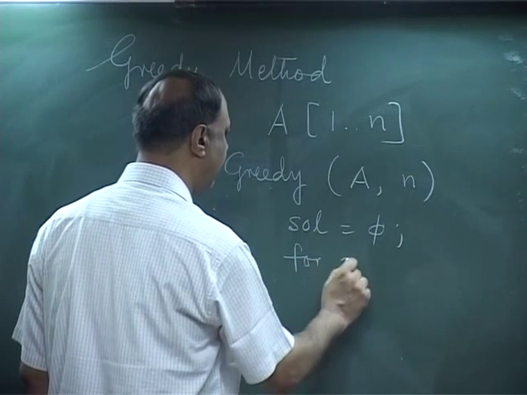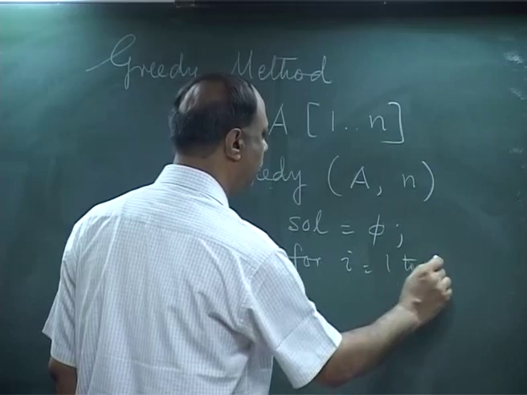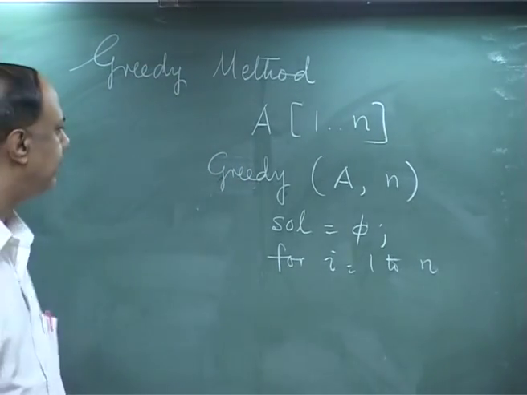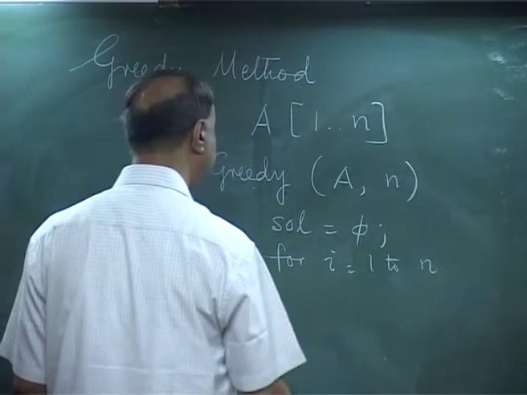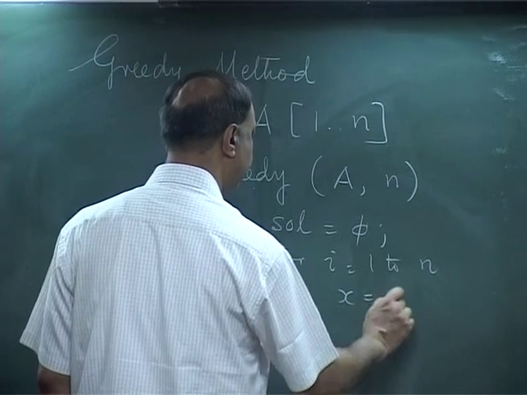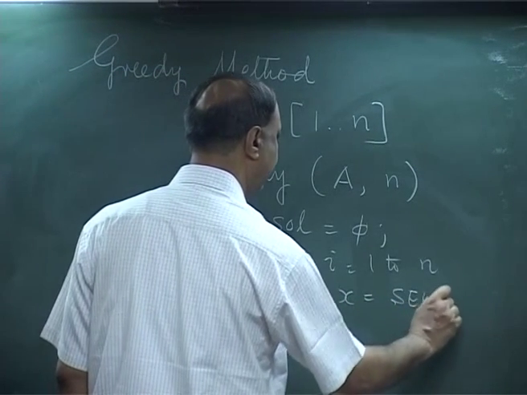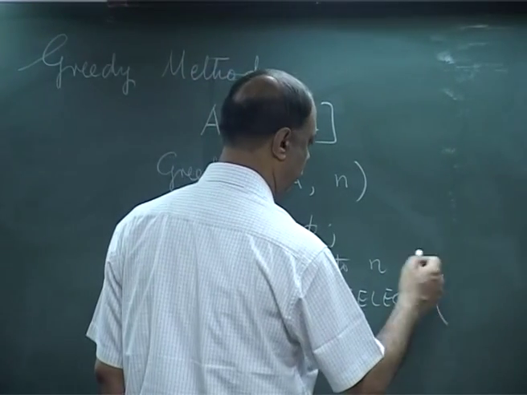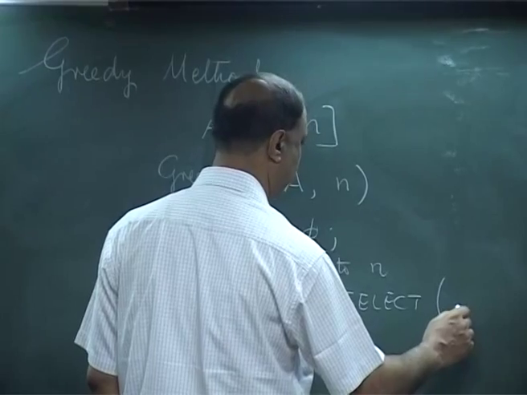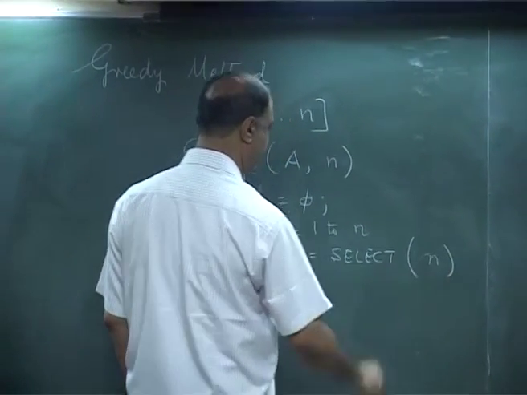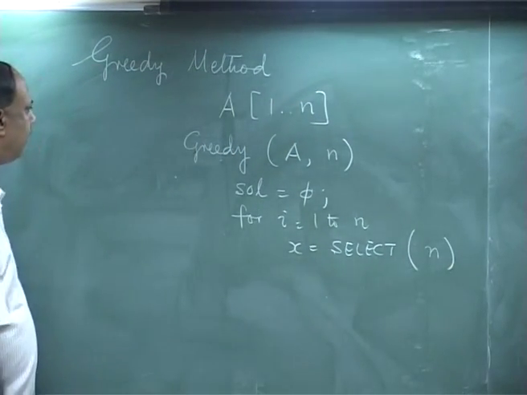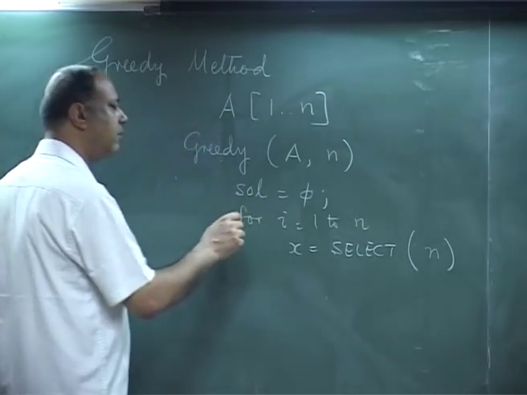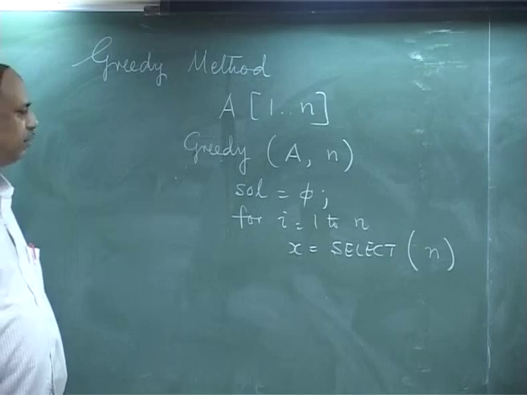So for i equals 1 to n, x equals select one parameter out of n, and you check whether selecting x will lead to a feasible solution of your problem or not.